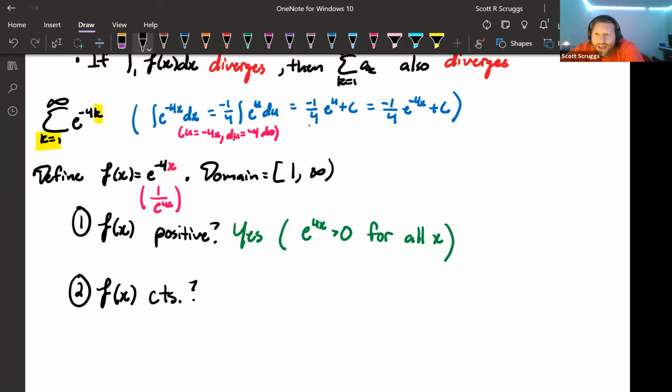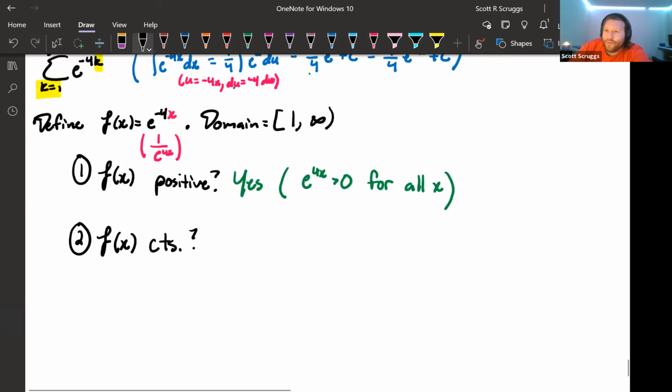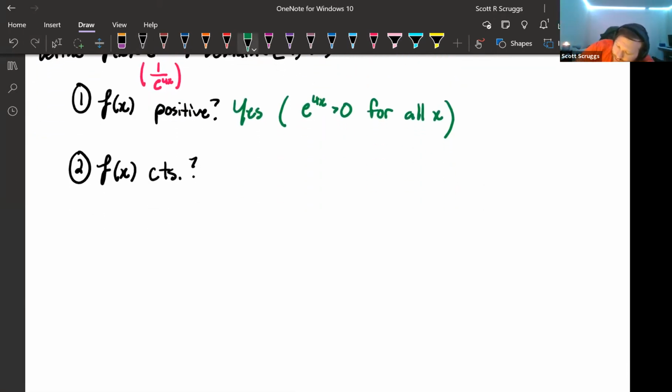Next thing we need to check is, is my function continuous for all x's in my domain? So the way to check is, in my denominator, I would have e to the 4x.